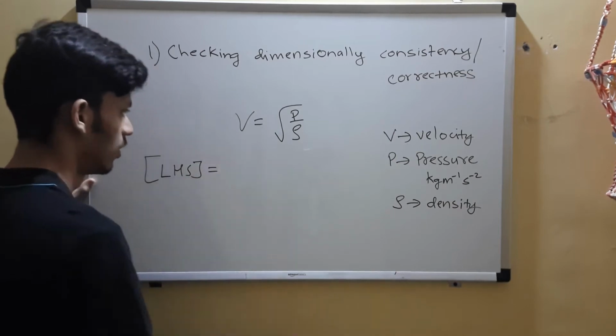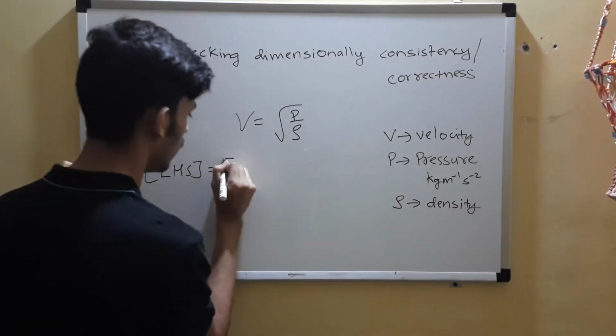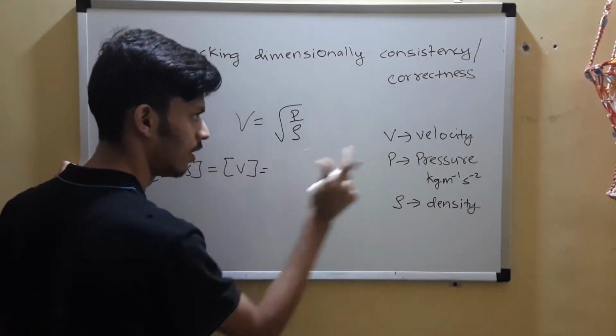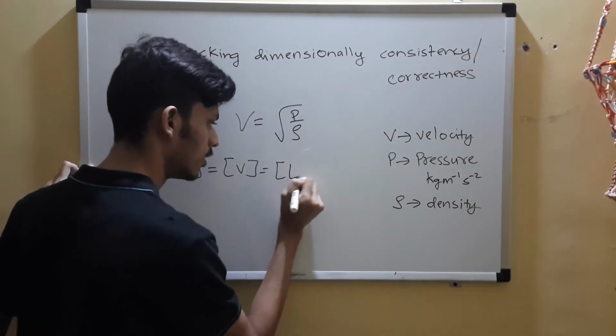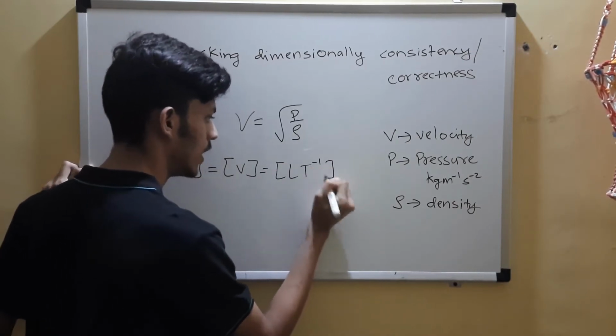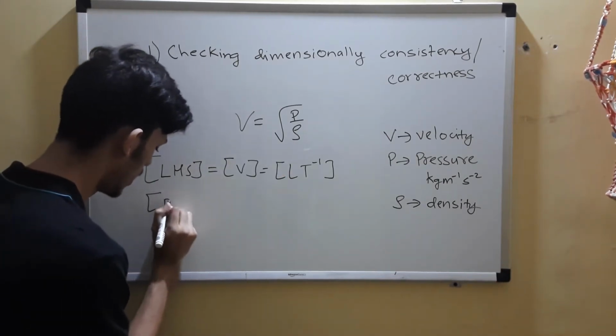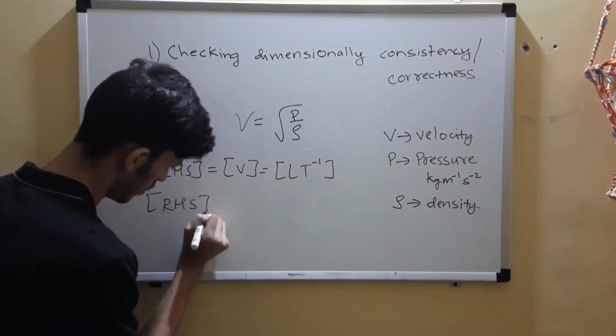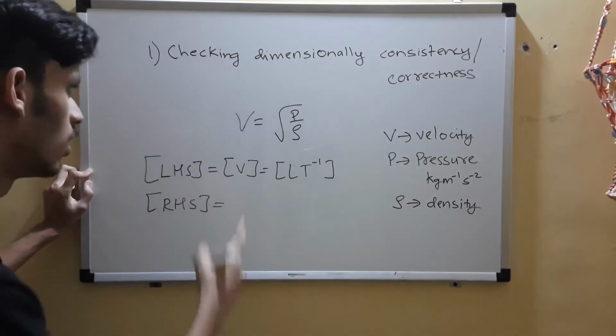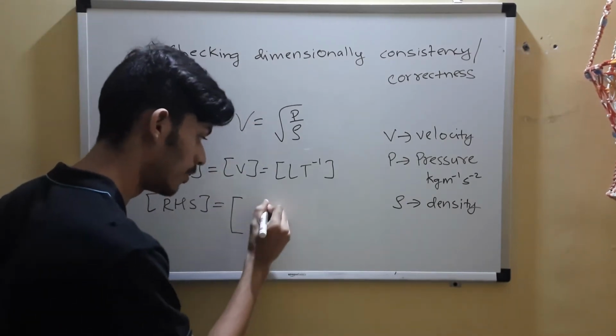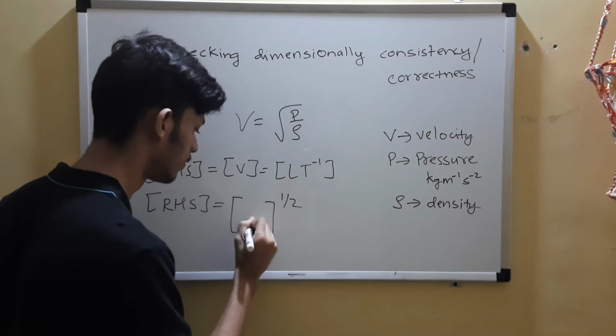So dimensions on left hand side, dimensions of v, or dimensions of velocity, which is meters per second, or LT raised to minus 1. Simple. Let's go for the dimensions on the right hand side. Now under root, so we can replace it by raised to half.